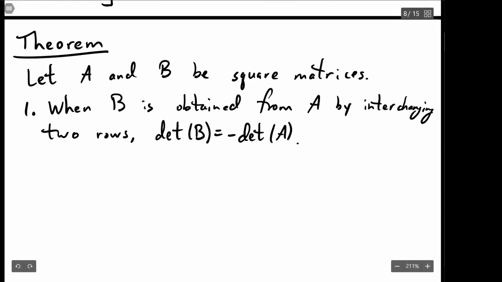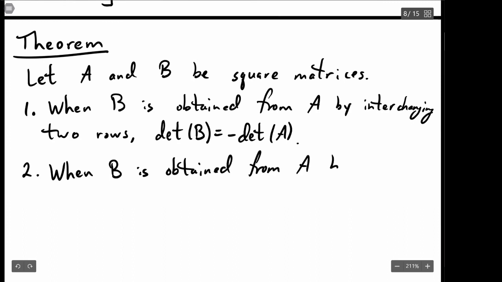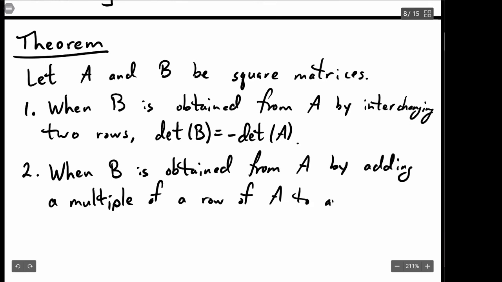Okay. 2. When B is obtained from A by adding a multiple of a row of A to another row of A, when we do that, the determinant isn't affected at all.